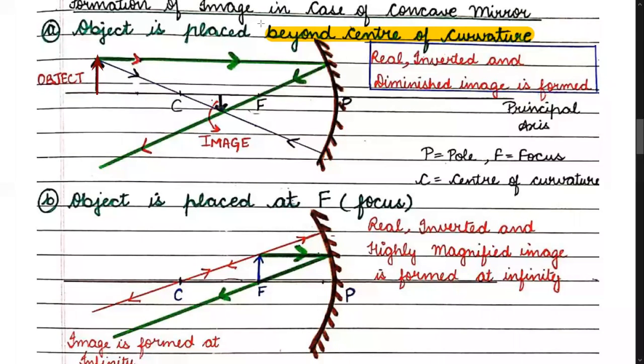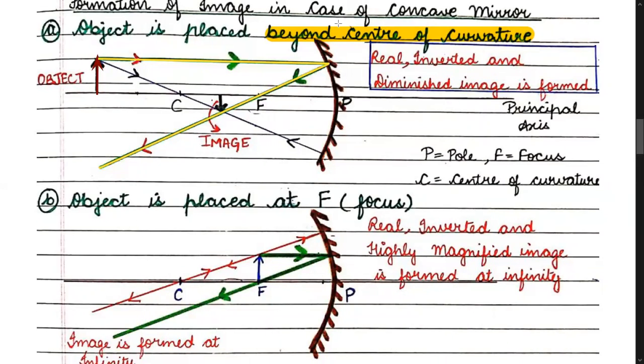My first ray is a ray going from the object to the mirror, and this ray is parallel to the principal axis. So when a light is incident parallel to the principal axis, it gets reflected and will pass through the focus.